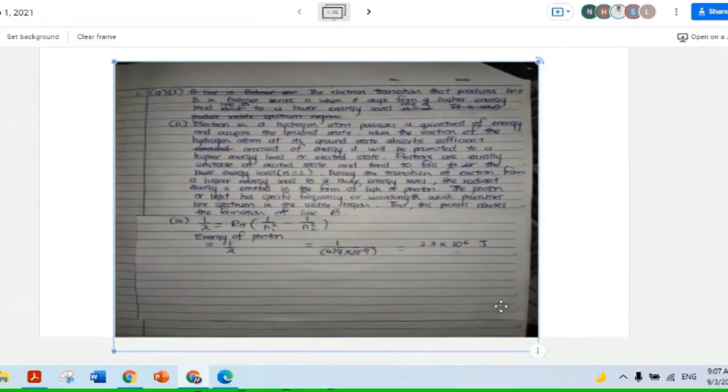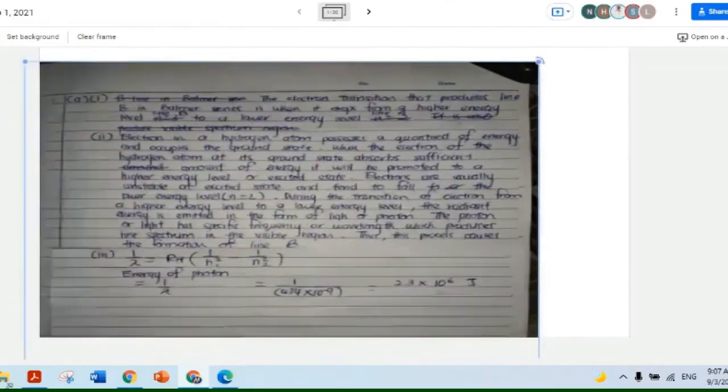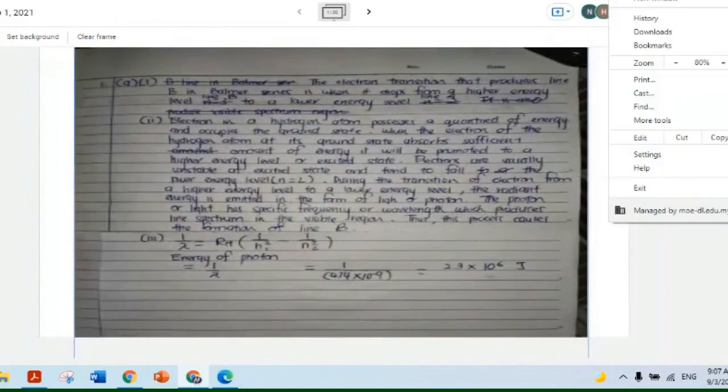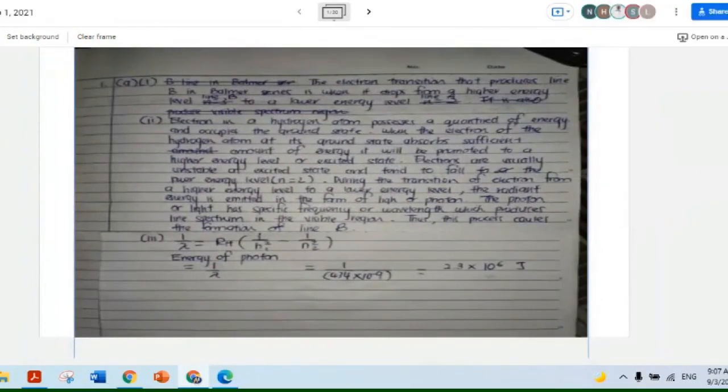So please tell me the key points based on your question. You write your answer. You tell me the keywords for this question. Formation of line B. Yeah, I know there is a long answer there, right? You tell me which one is the first point, second point. Okay, you try to present to your friends.